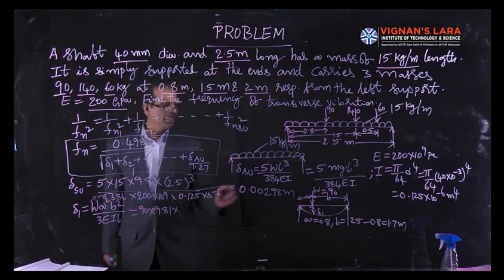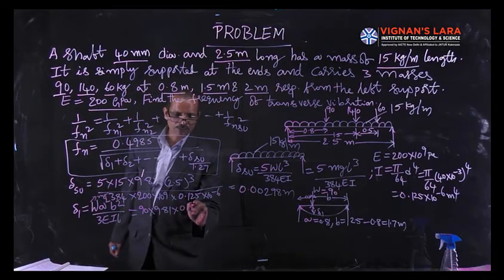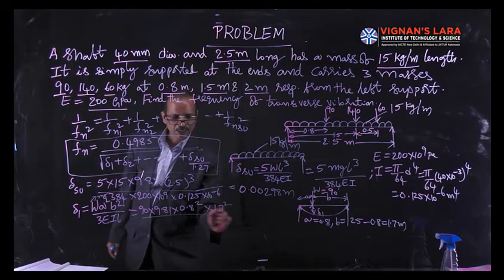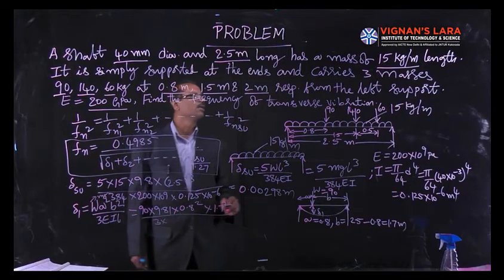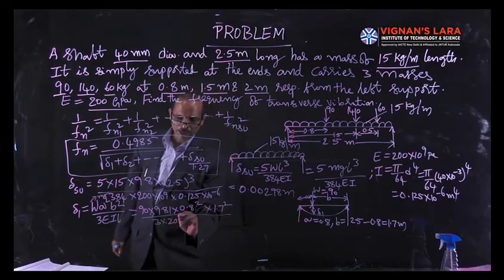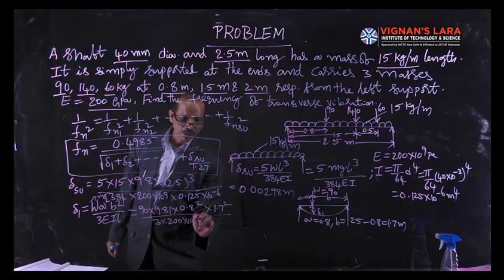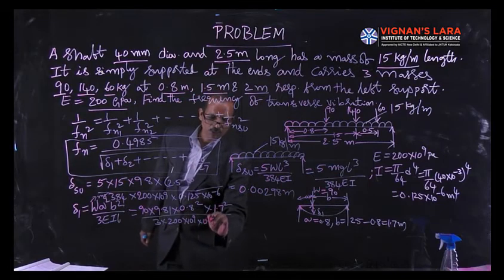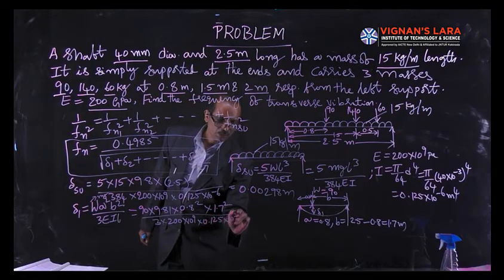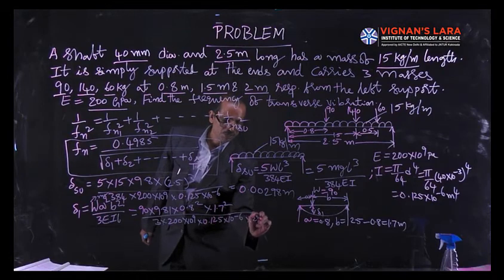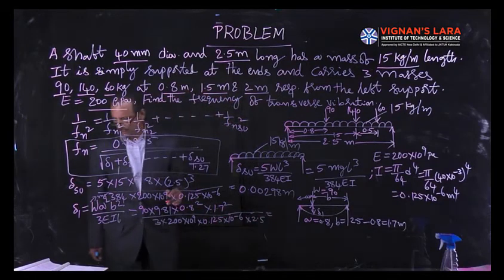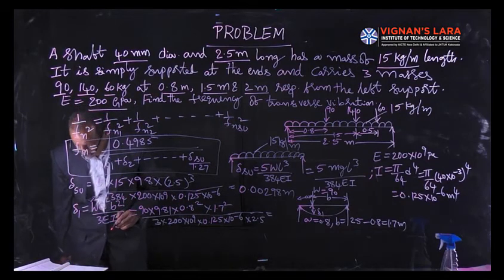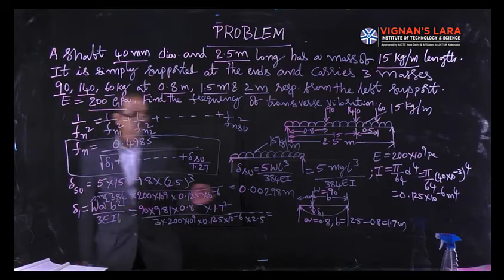A square B square, A 0.8 square, B 1.7 square by 3 E 200 into 10 power 9, then I is 0.125 into 10 power minus 6, L 2.5. So you will get the value of delta 1 is 0.00866.